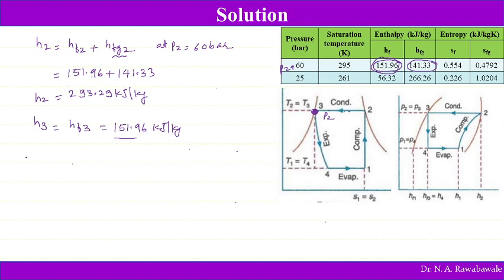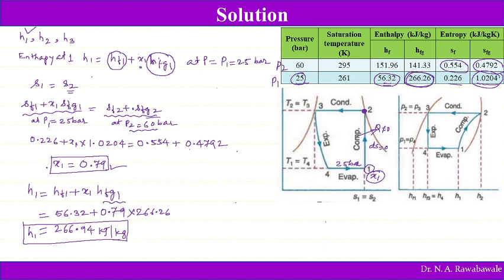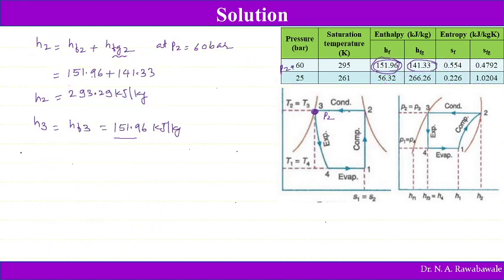So now, our aim was to find out the refrigerating effect, work done, and then capacity. The refrigerating effect is obtained between 4 and 1.